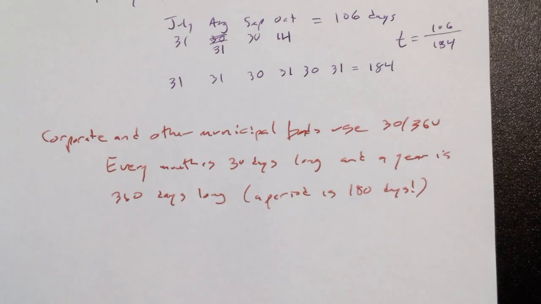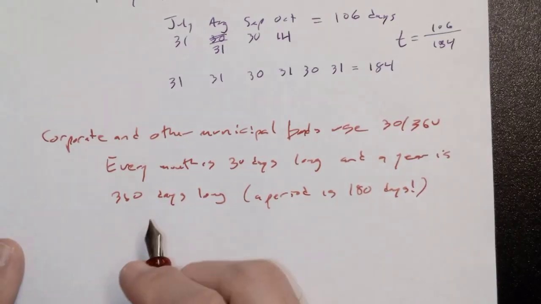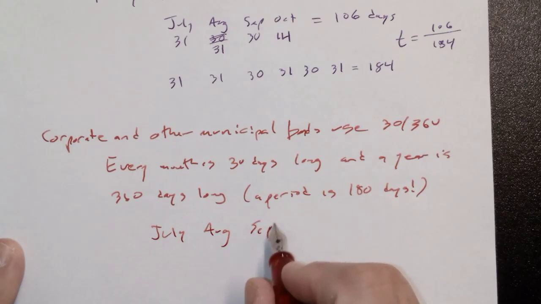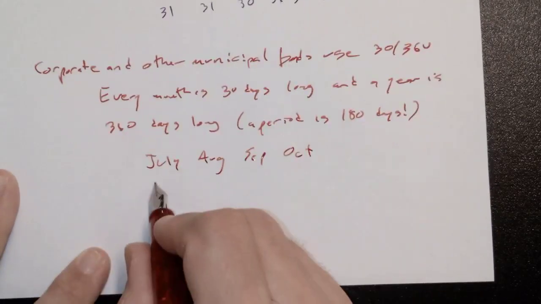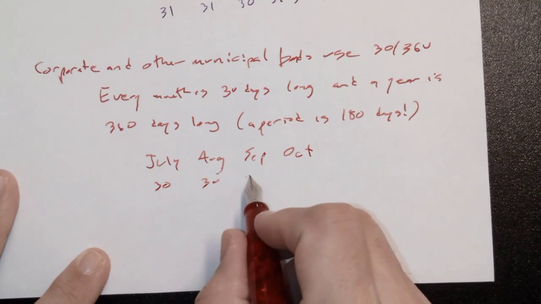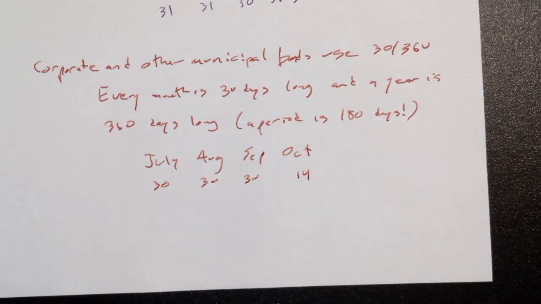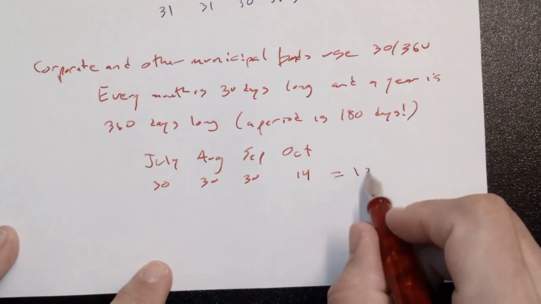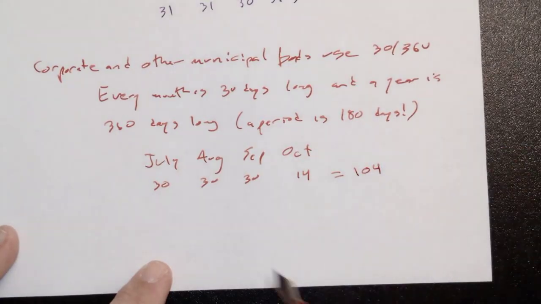In this method, July, August, September, October is 30, 30, 30, and 14. I don't care that the months aren't 30 days. It's close enough. So this is 104 days out of 180.